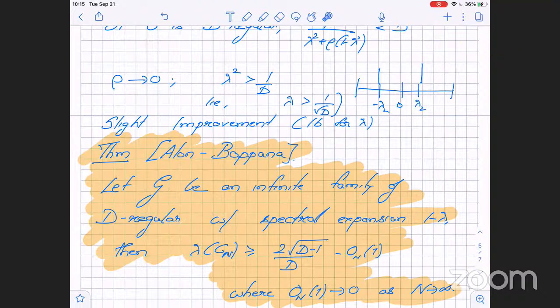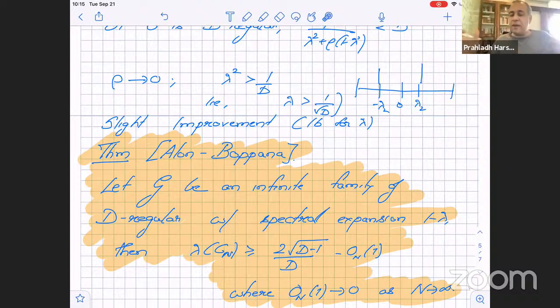Because of this order n to the minus 1 term, for the first few graphs in this family, possibly this term is so large that this doesn't mean anything. But soon afterwards, this goes to 0, and after a particular point, lambda will be at least 2 square root D minus 1 by D. This is why the complete graph is not a counterexample, because that's one specific graph. It's not a family of graphs.